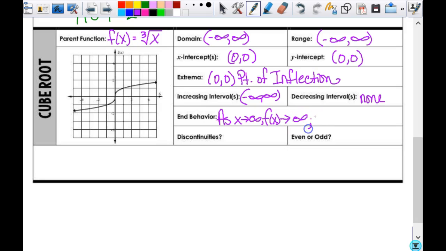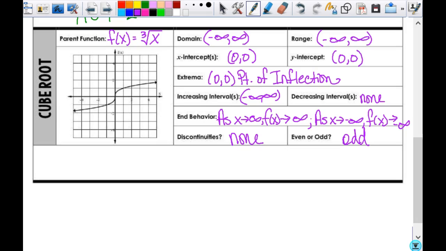Infinity. And then as x approaches negative infinity, f of x approaches negative infinity. Are there any discontinuities? Nope. Is it even, odd, or neither? Odd. Good.